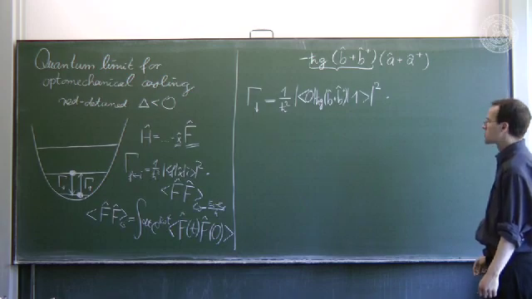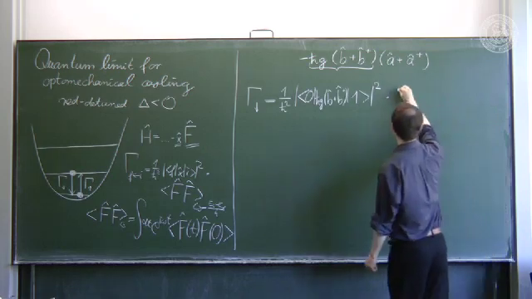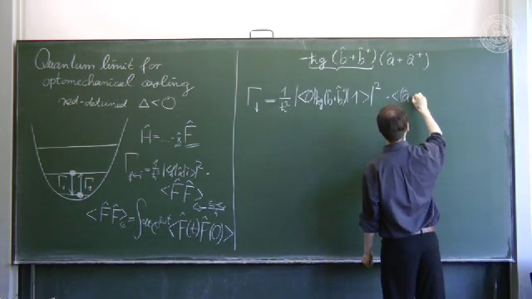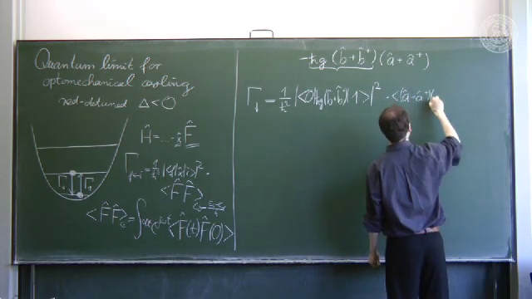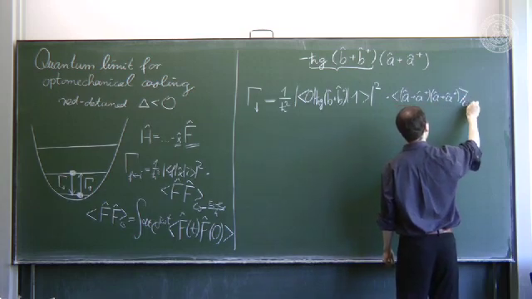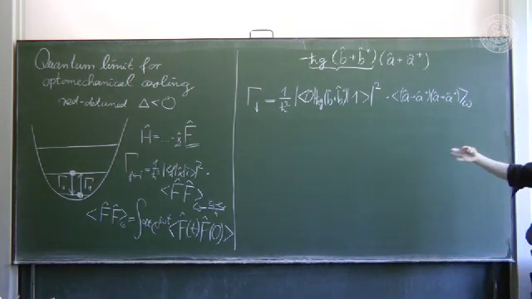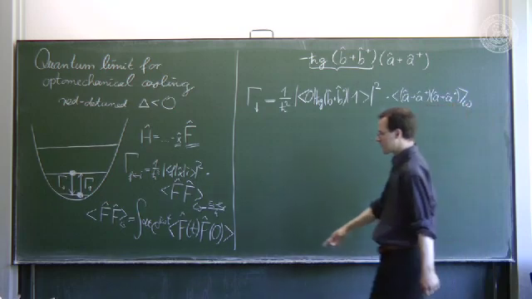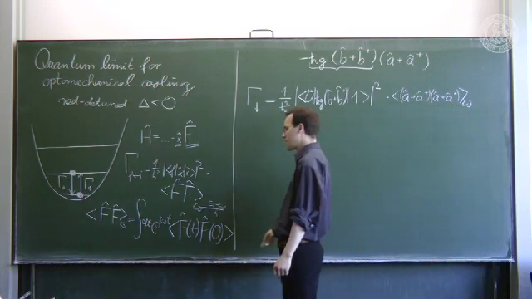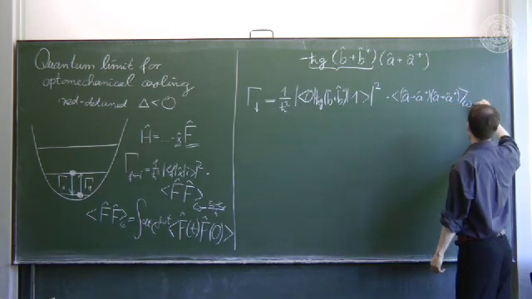And then I have to take the spectrum of a plus a dagger, which is f. And what's the frequency? Well, I go downwards, so the initial energy is higher than the final energy, I get a positive frequency, and it's just the energy splitting of the harmonic oscillator, that is capital omega.